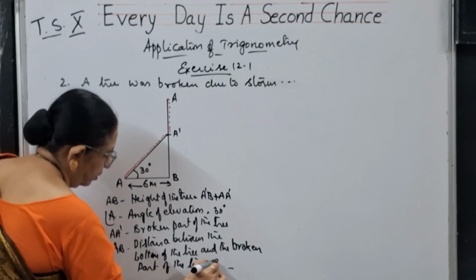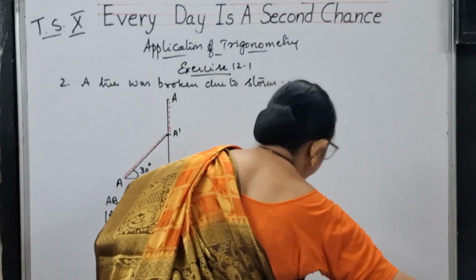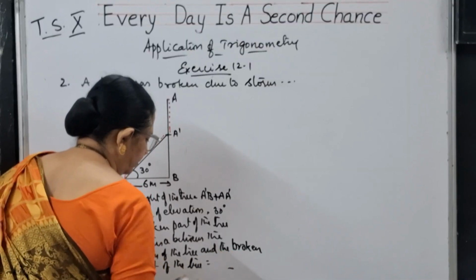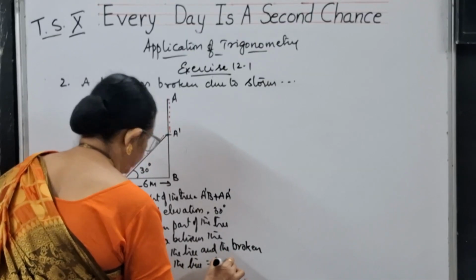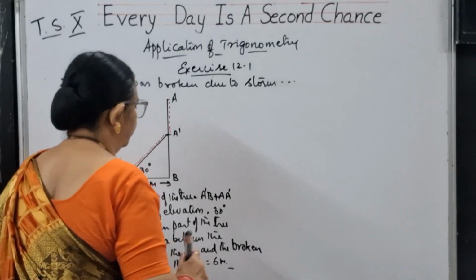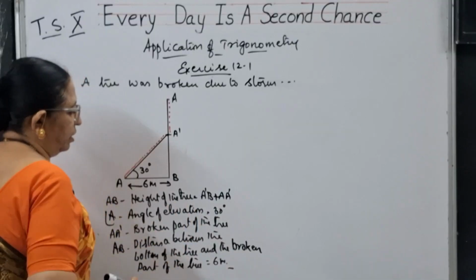How much it is? Sorry, this is distance, no? It is 6 meters. Distance is 6 meters. So the angle of elevation is 30 degrees. Now we need to find out height of the tree, that is A'B plus AB'.